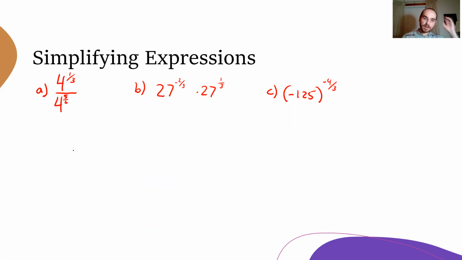Let me be simple. So for this first one, a lot of students are going to be really tempted to cancel the 4s. If you do that, you're automatically going to get this problem wrong because it won't work that way. So please don't do that.